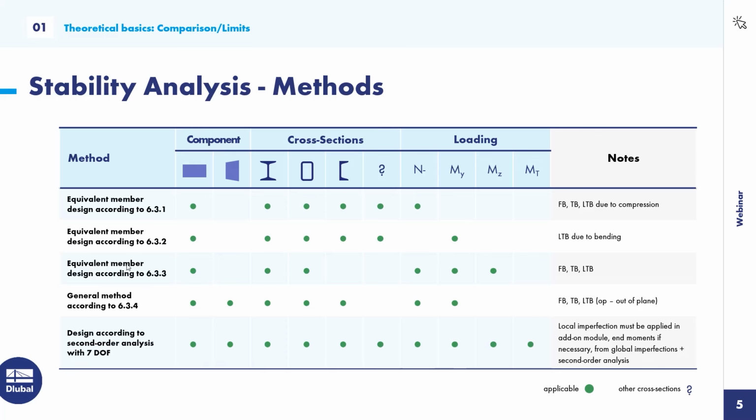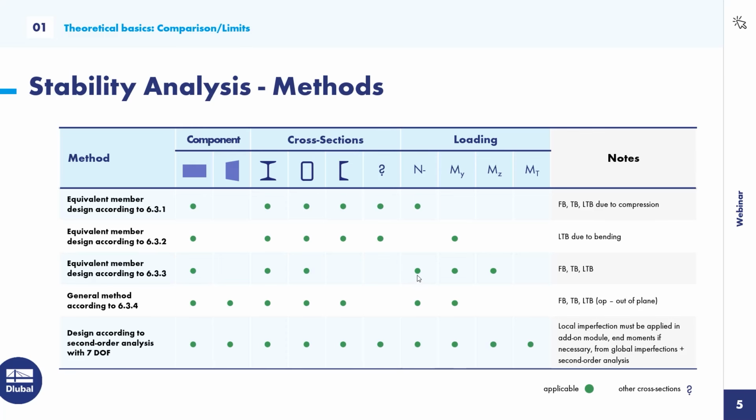Then the third line, equivalent member design according to 6.3.3. Uniform members in bending and axial compression. This method is only valid for I sections and hollow sections, or that means all double symmetric sections are performed.